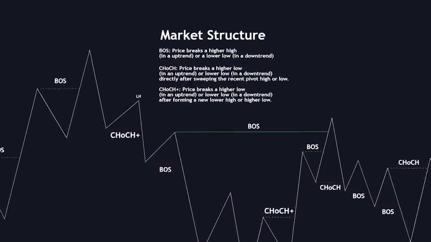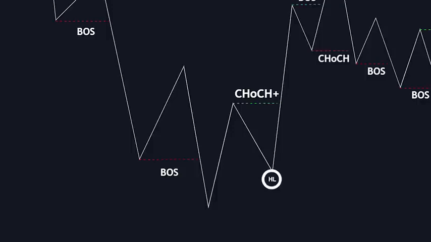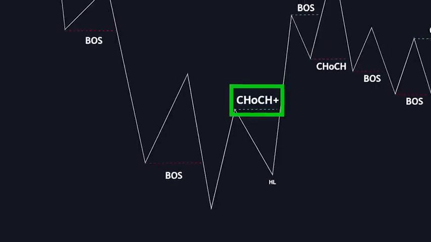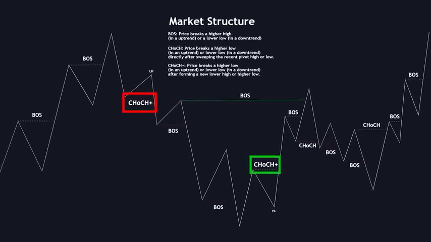However, in the price action concepts indicator we're about to fully cover here, we have added the ability for the indicator to also detect when the market forms a higher low first and then breaks the bearish structure, which is marked as CHoCH+, meaning it's just a more confirmed change of character or a better reversal signal.